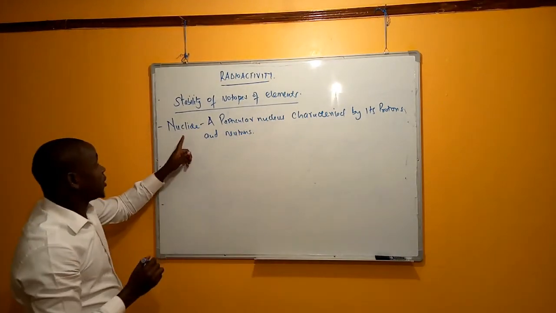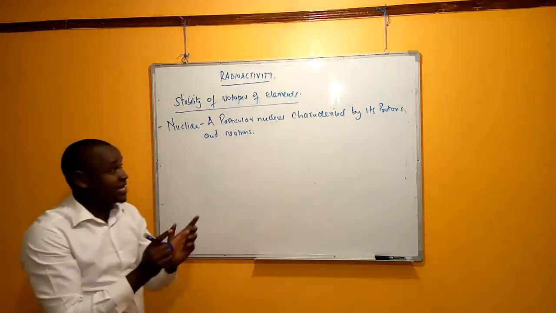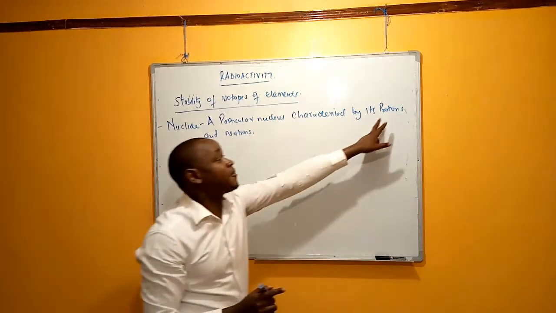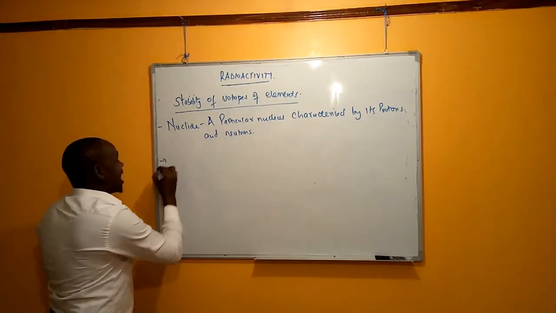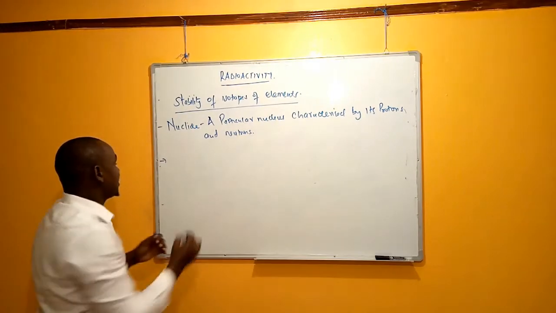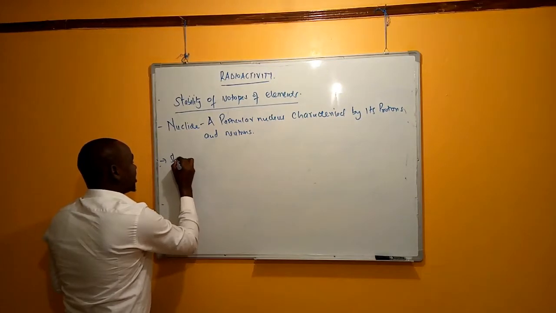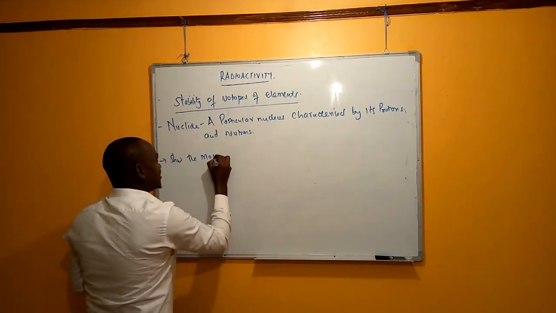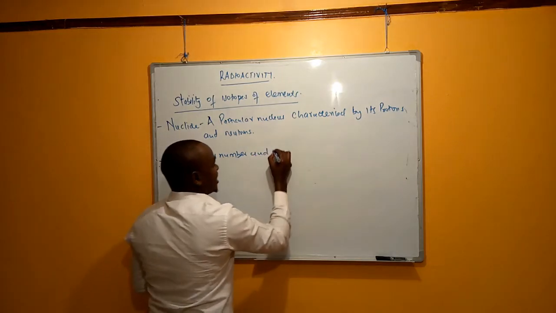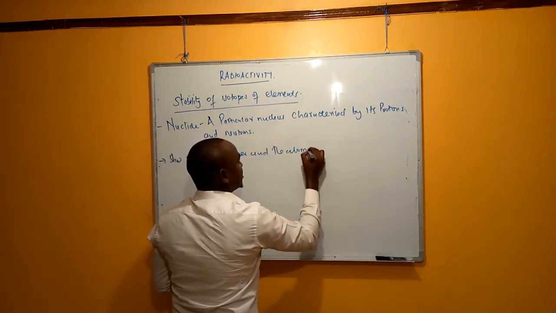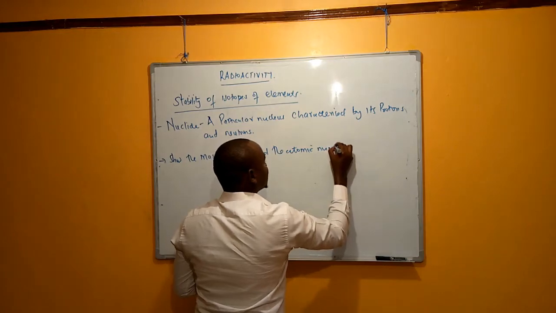So when we talk about a nuclide, we are talking about a nucleus which shows both the number of protons and the number of neutrons. In other words, a nuclide will show the mass number and the atomic number of that particular nucleus.